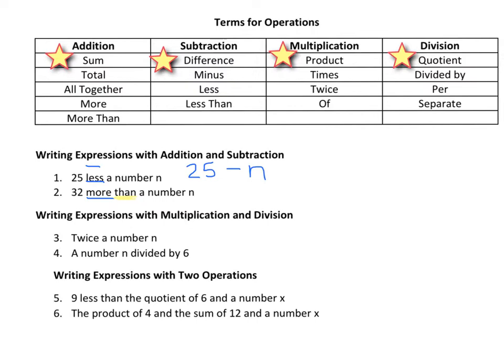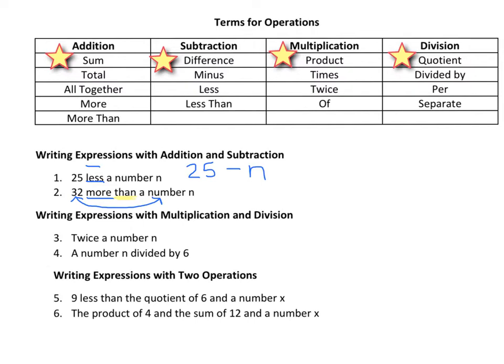So I consider it the magic word then. It changes things. And when you see the word then, you're going to change the order. So whatever comes first is going to be written after the operation, and whatever comes after the operation is going to be written before the operation.